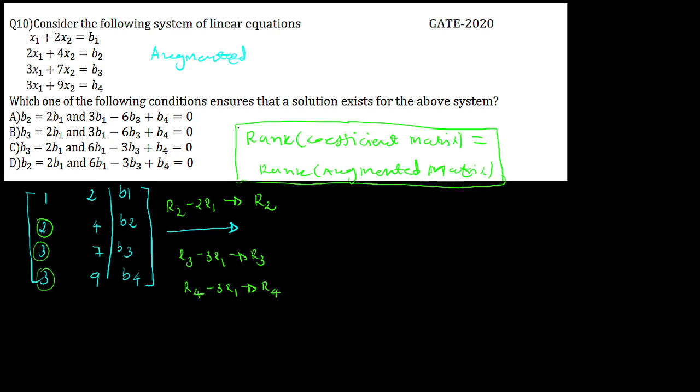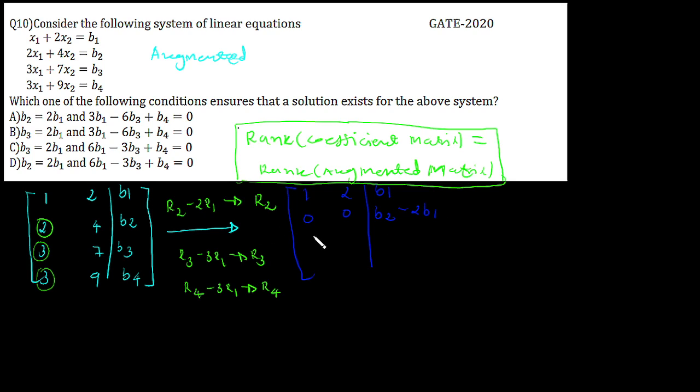So now after those row operations, what are we getting? This first row will remain as it is here, b1. Now this entry will be 0 and here this entry will be negative 4. Again here this entry will be 0 because we have already plus 4 and negative 4 comes from this first row, and here on the right hand side we have b2 minus 2 times b1.